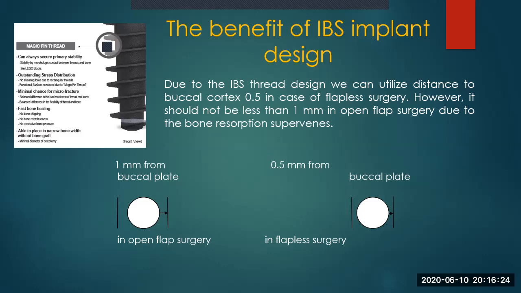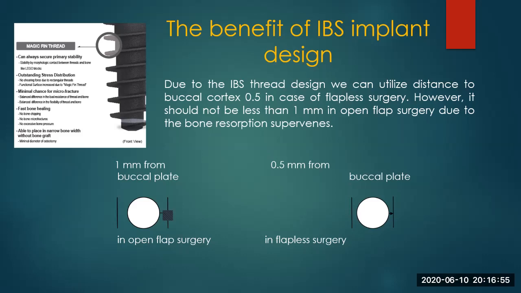Now, this is the benefit of the design of the IBS thread. Whereas if I want to do a flap design, I have to keep the amount of bone not less than 1 millimeter, because there is a chance after the reflection of the flap, after the separation of the periosteum from the bone, that this separation will deprive the bone of its blood supply, so there will be a certain degree of bone resorption.